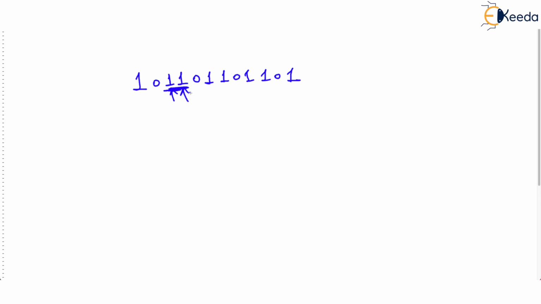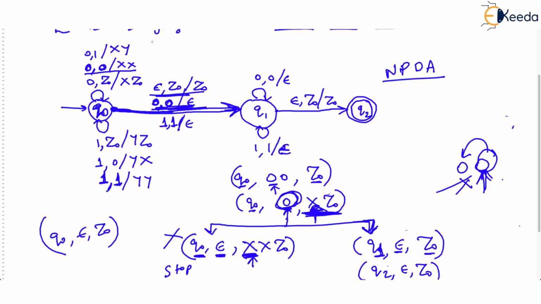Just check here. For this one followed by this one, it will assume that center is reached or center is not reached. Both the things will be assumed, even for this. So two actions will be taken by PDA, and one of the actions will take us to the final result.